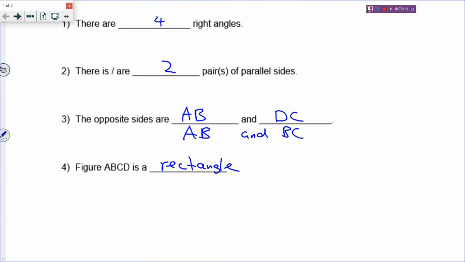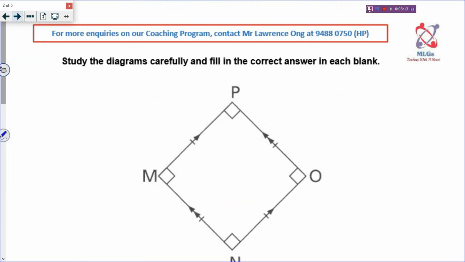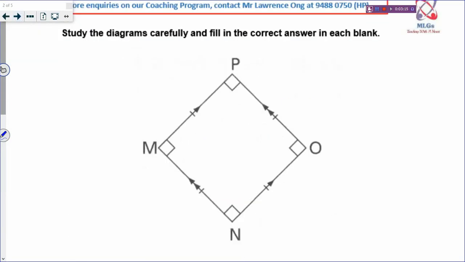Now let's go to the square. A square has properties as well, and it's special from a rectangle. What makes it special? A square has all sides equal. That's the first property. Squares and rectangles are similar in some ways. They have right angles at the corners, which is very important.